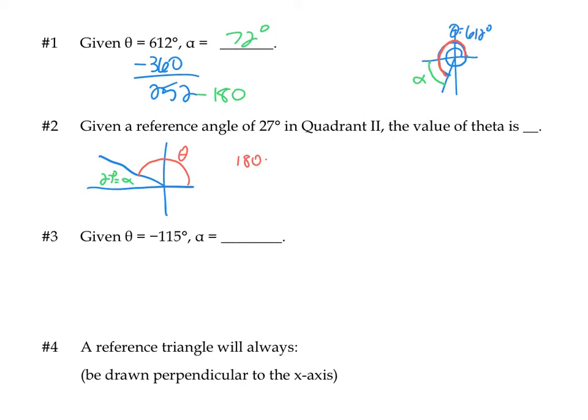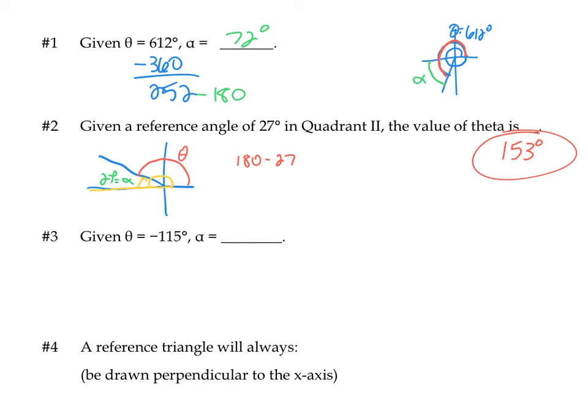So that's 180 minus 27. 180 degrees would be going all the way around to here, right? Back to the x-axis, that would be 180 degrees. So we want to take 27 away, and we'll have left what theta is. So 180 minus 27 will give us, let's write in red, the theta of 153 degrees. Okay, that's your answer there.